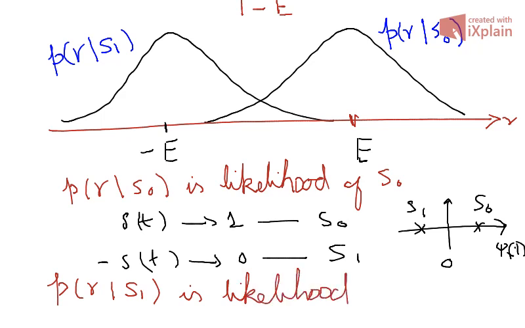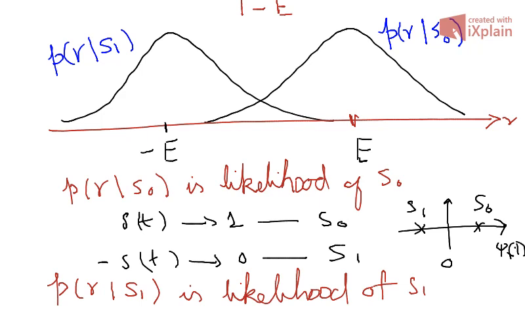We call this PDF the likelihood of S0 and S1. So we have these likelihood functions, right? This is the likelihood function. With this knowledge, these are the conditional PDFs, which are the likelihood functions.